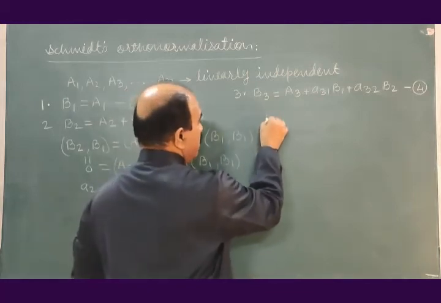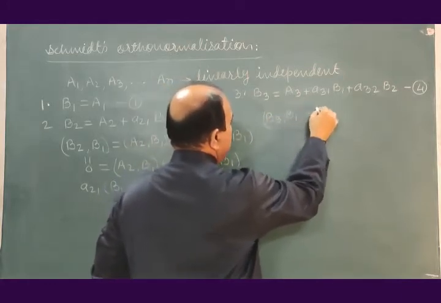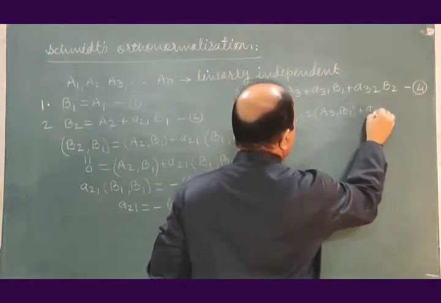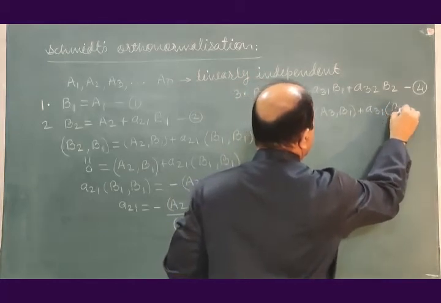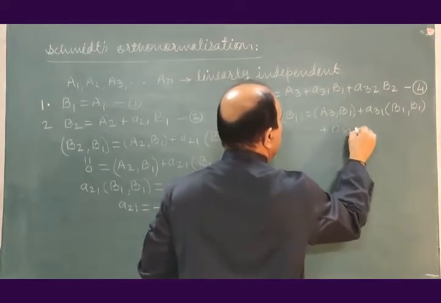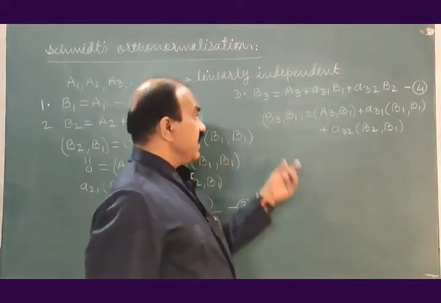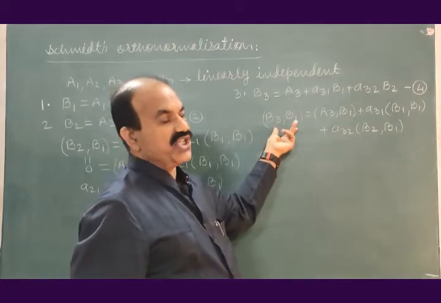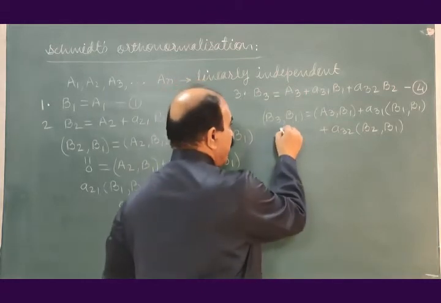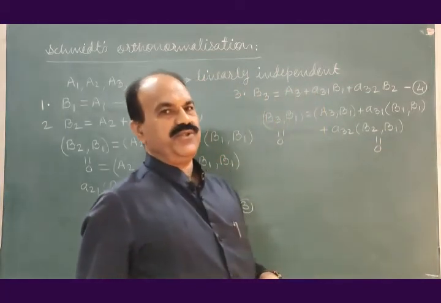So let us get the inner product of b3 with b1, that will be the inner product of a3 and b1 plus a31 into (b1, b1) plus a32 (b2, b1). b3 and b1 are orthogonal to each other, b2 and b1 are also orthogonal to each other and therefore this inner product will be 0, this inner product will be 0.